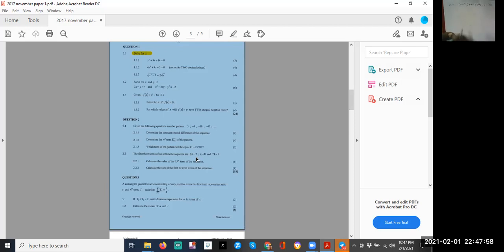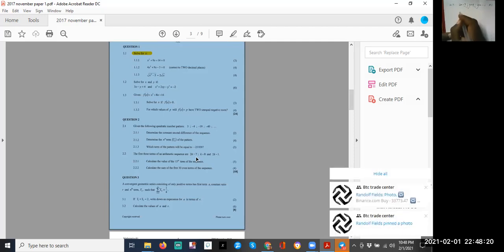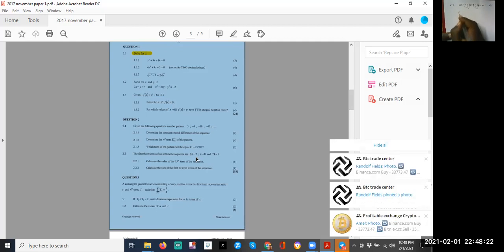That means it has a constant difference. So what do we know about this? We know that term number 2 minus term number 1 is the same as term number 3 minus term number 2, because it's a constant difference. So we say k plus 8 minus 2k minus 7 is equal to 2k minus 1 minus k plus 8.